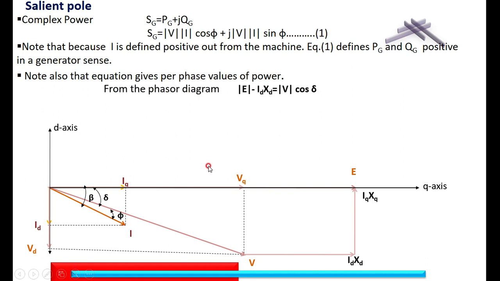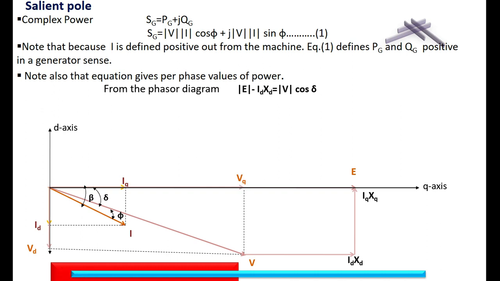Okay, look into this. From the phasor diagram, I will redraw this in the next slide, and I will tell you how to find this. What I am getting is V cos delta. V cos delta means V is resolved along the Q axis, that is VQ is nothing but V cos delta. Then how to get V cos delta?